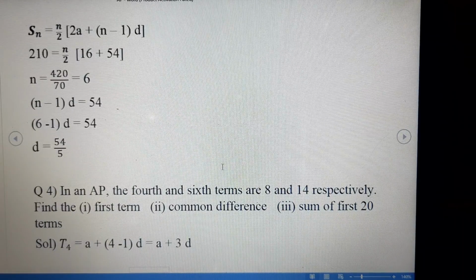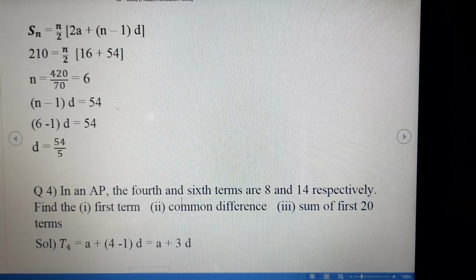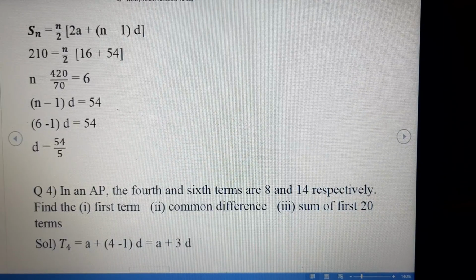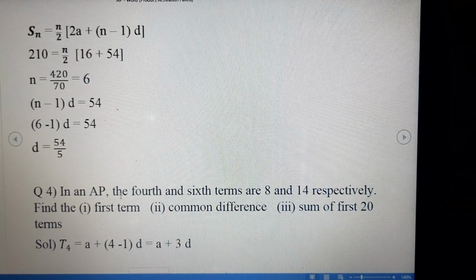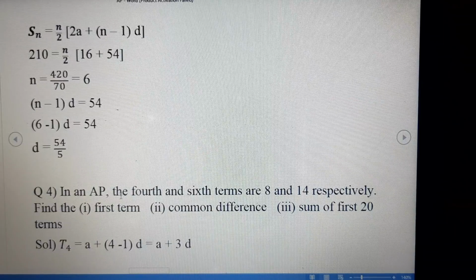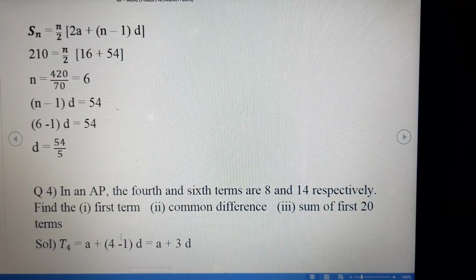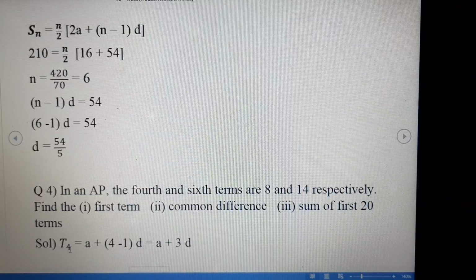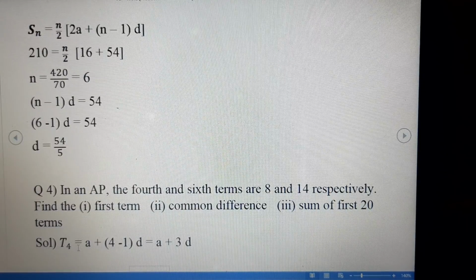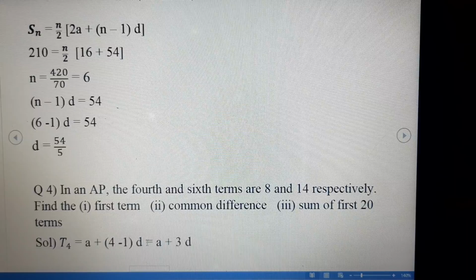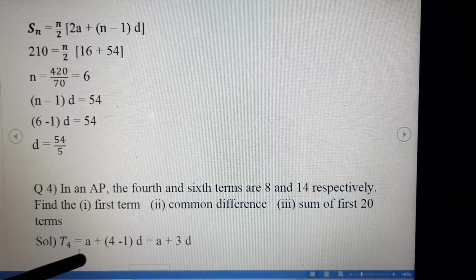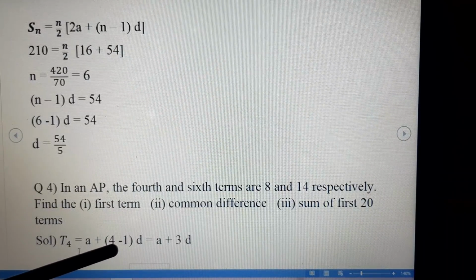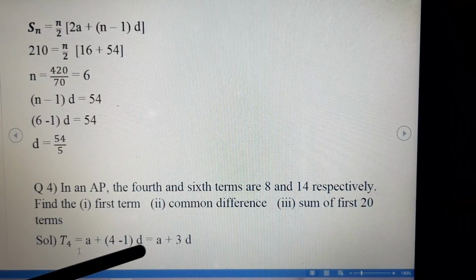So you know sixth term means T6, fourth term is T4, or an, you have studied it this way. So T4, or we can say fourth term A4, will be equal to a plus n minus 1 into d. We do not know a, but because it is the fourth term, n will be replaced by 4 minus 1 into d.